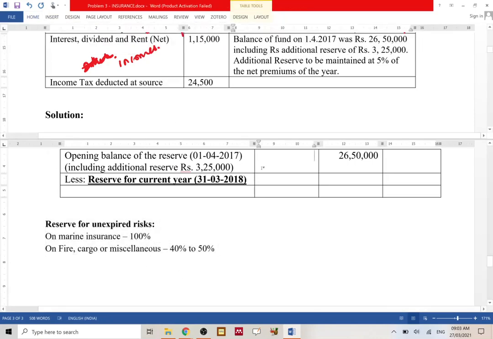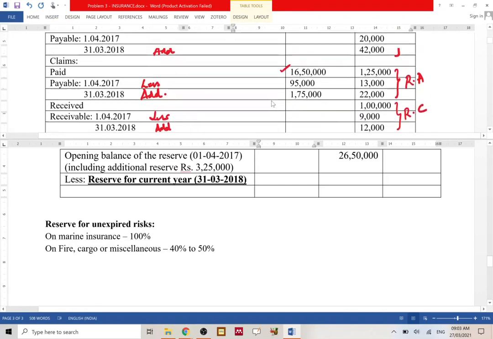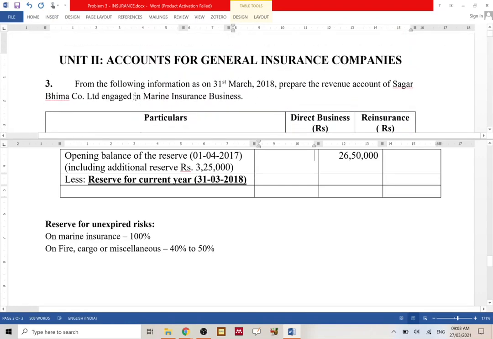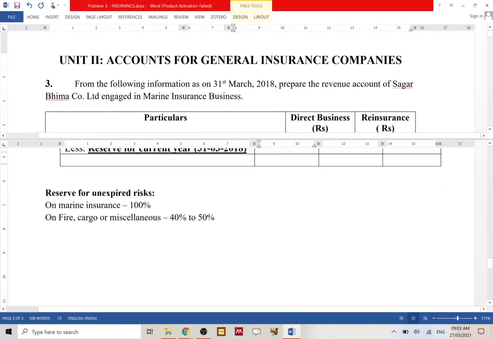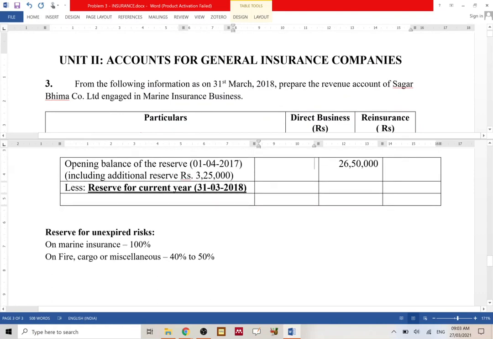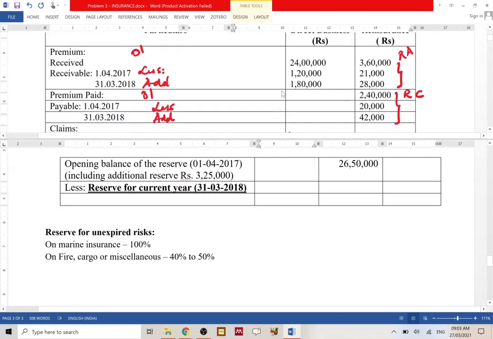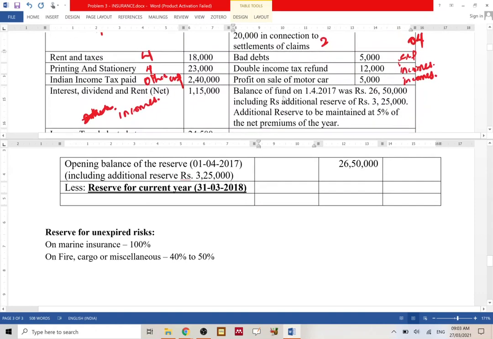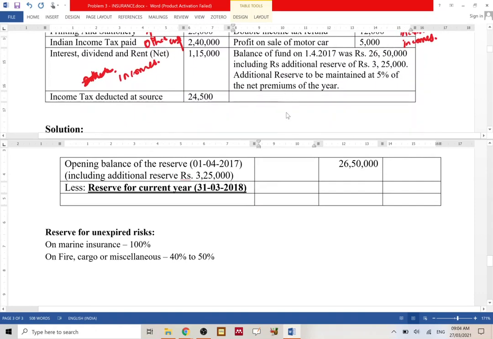So in this case, this business is of marine insurance, right, and you are not given how much is the current year's percentage of unexpired risk. Even last year's is not given to you. So we assume that since nothing is given, the provision, that is the actual provision, will be made at the rate of 100% of the premiums.